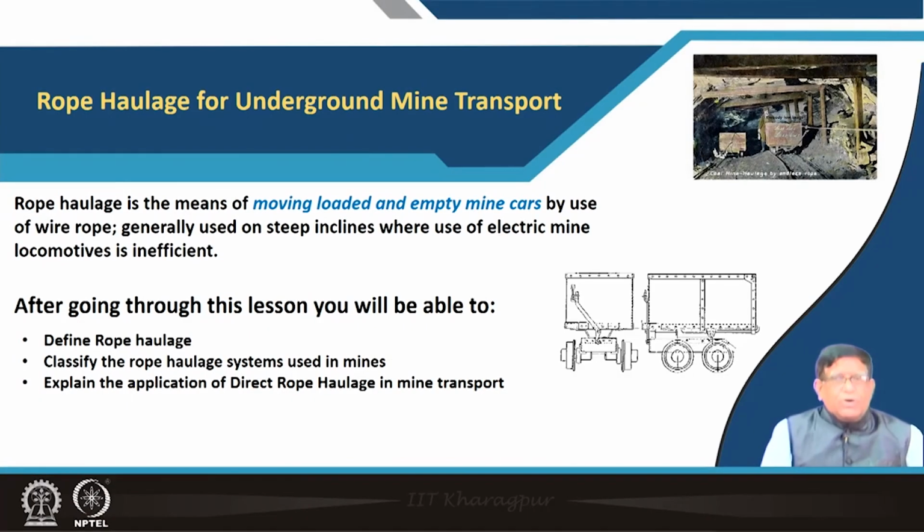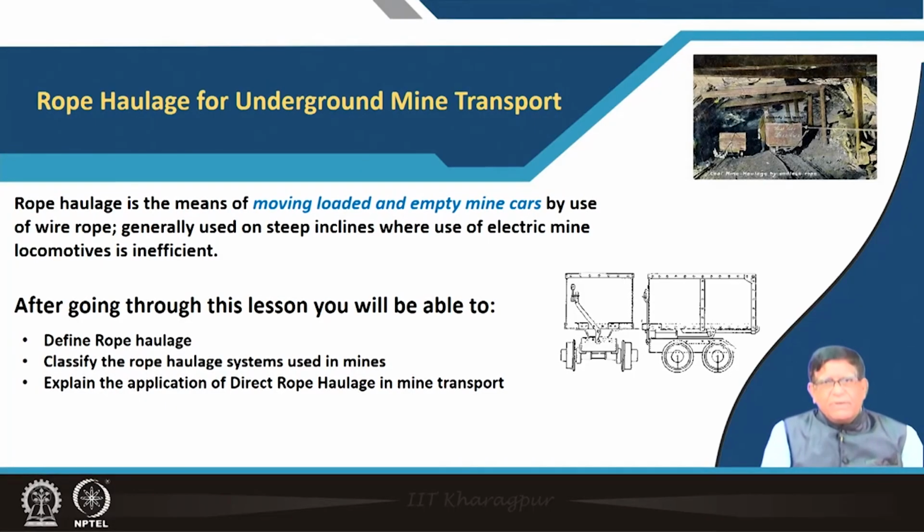We already know that rope haulage is the means for moving loaded and empty mine cars by use of wire rope. You are using a steel wire rope, and you are drawing all the loaded cars or the empty cars just by tying them at its end, and then connecting it to a winch system.